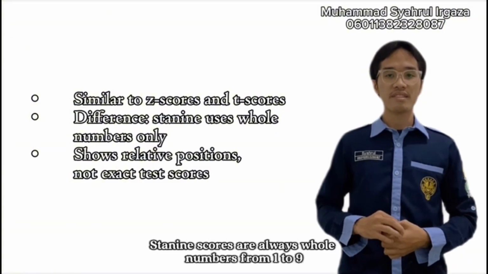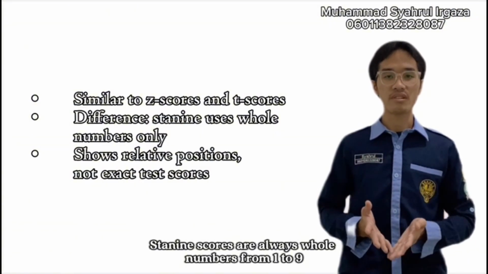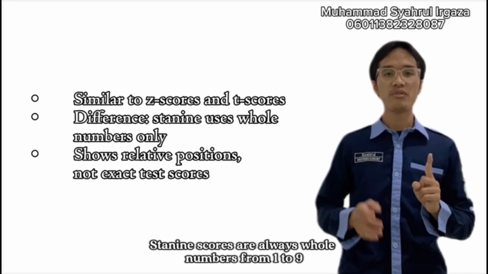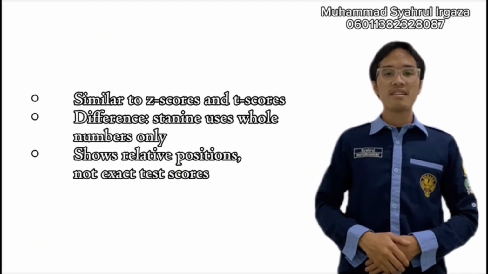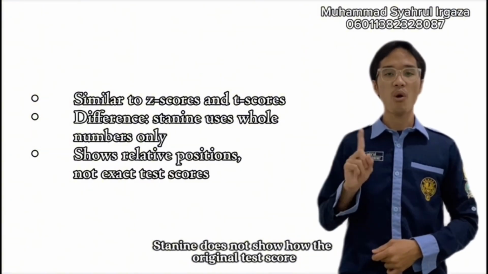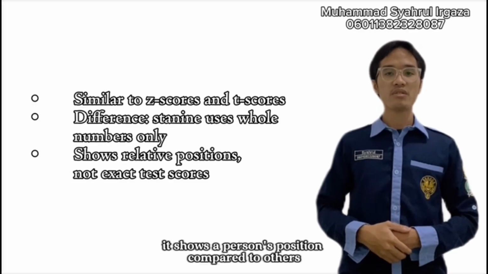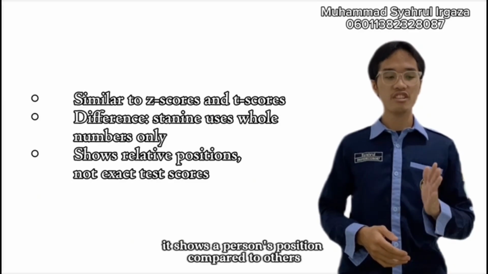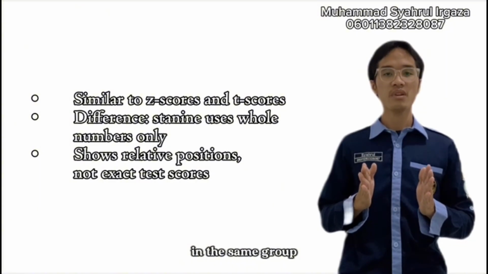However, stanine scores are always whole numbers from 1 to 9. Stanine does not show the original test score. Instead, it shows a person's position compared to others in the same group.